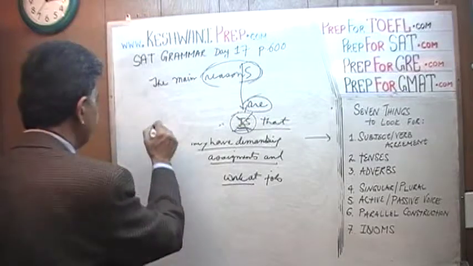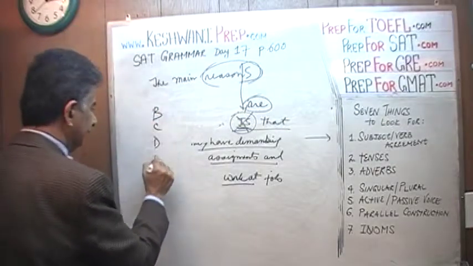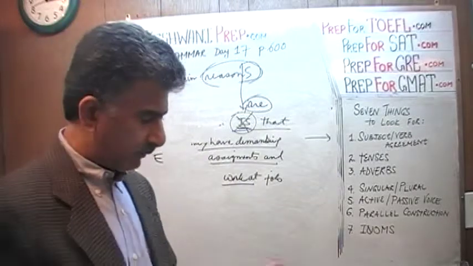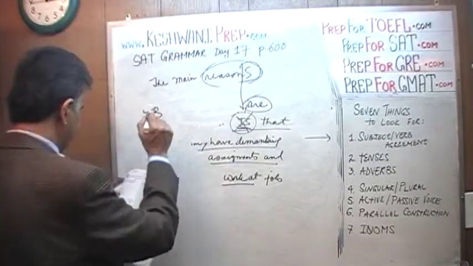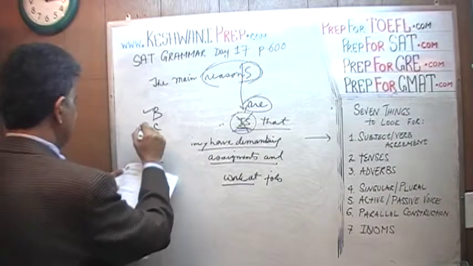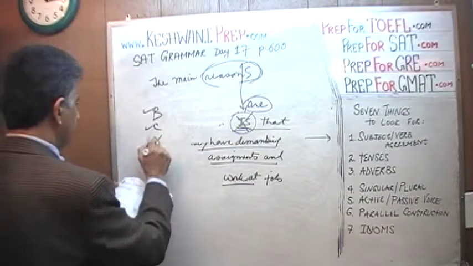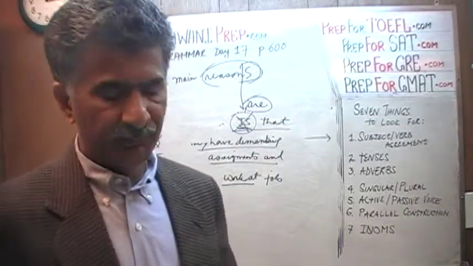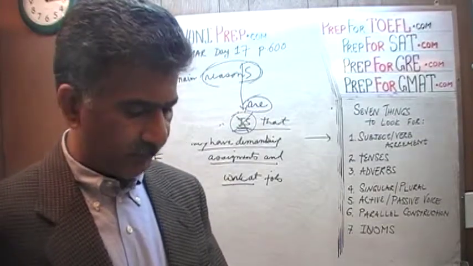Let's see what we can do now. B, C, D, and E. So whatever the correct answer is has to start with R, which means B might stay, C might stay, D is going to go, and E would have to stay. Now, because we were not able to just pick one answer choice, we have to read the rest now.